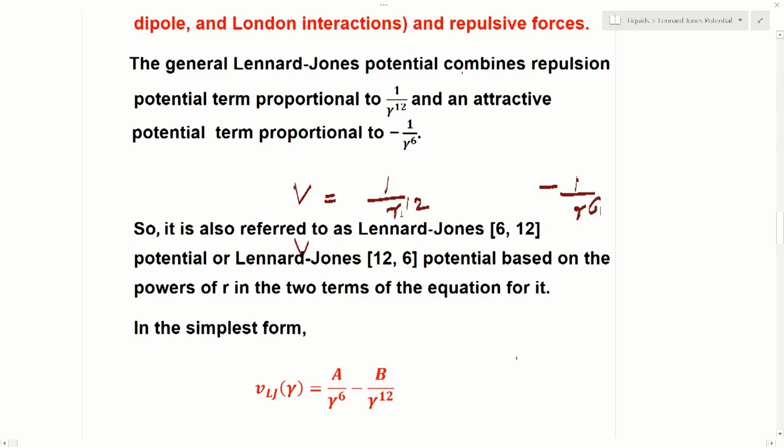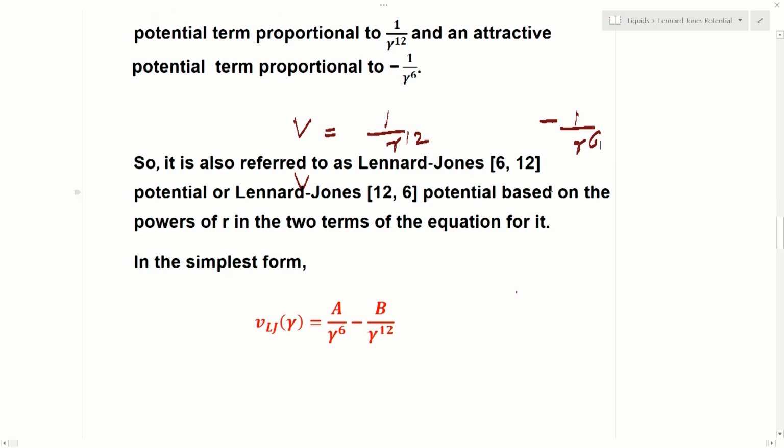Here r has the power of 12 and the power of 6, and this negative sign indicates that it is an attraction, and here there is a positive sign, that is the force of repulsion.